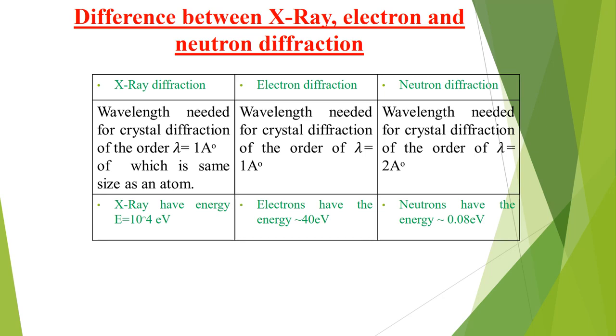While in neutron diffraction, the wavelength needed is almost twice the wavelength in X-ray and electron diffraction, that is, the wavelength needed for crystal diffraction is of the order of lambda equal to 2 angstrom. And the neutrons have energy nearly equal to 0.08 electron volt.